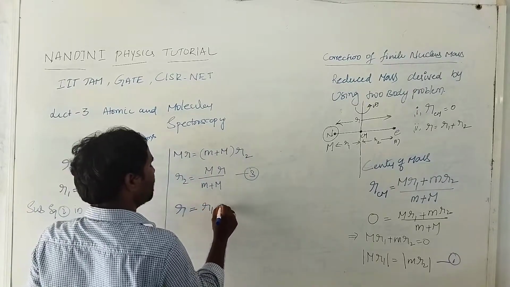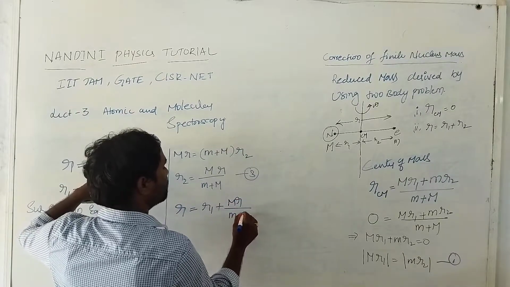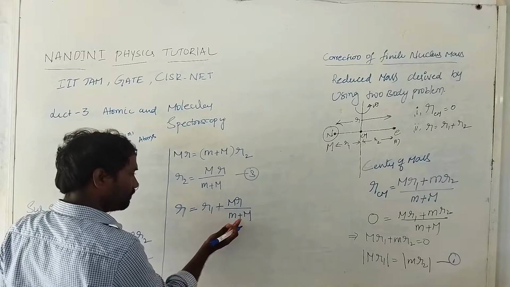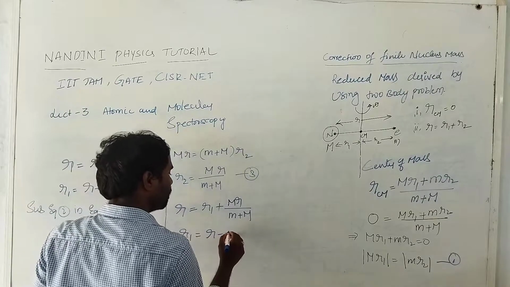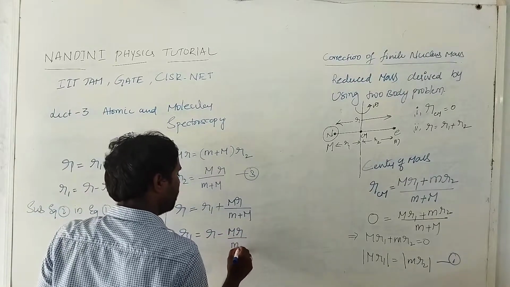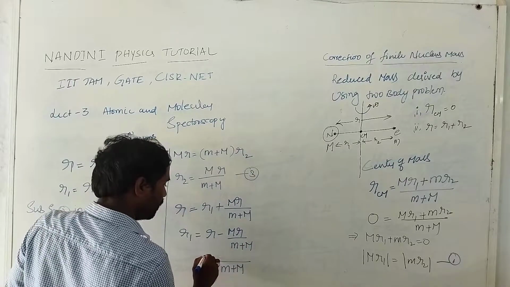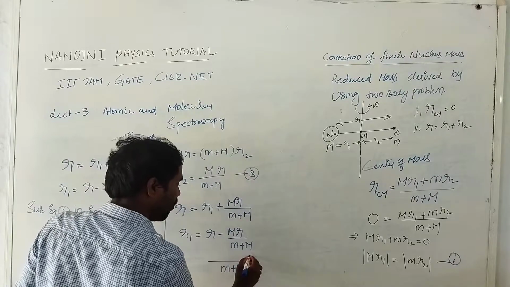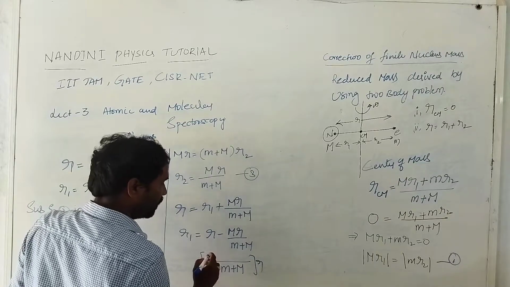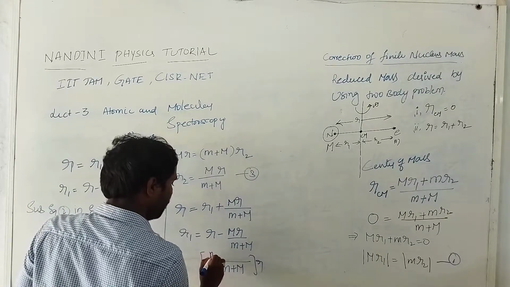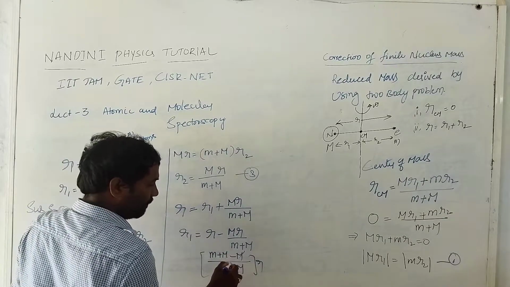So this is R1 plus R2, where R2 is capital M R divided by small m plus capital M. Simply take this to the other side. So R1 is equal to R minus capital M R divided by small m plus capital M. Take the LCM, small m plus capital M, and take R common: small m plus capital M minus capital M. So the capital M will be cancelled.